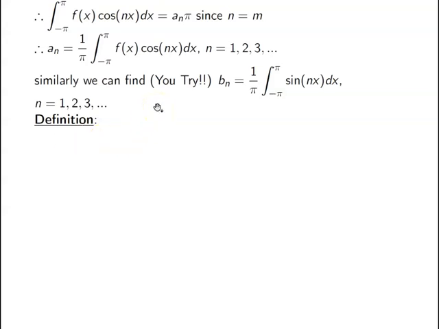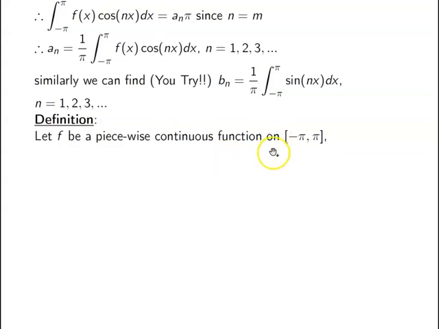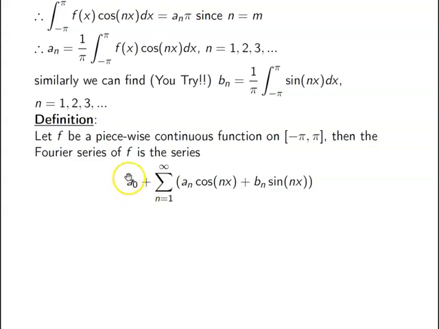So this brings us to our definition. Let f be a piecewise continuous function on the interval from negative pi to pi. Then the Fourier series of f is the series a naught plus the sum from n equals 1 to infinity of a sub n times cosine n of x plus b sub n sine of n x.